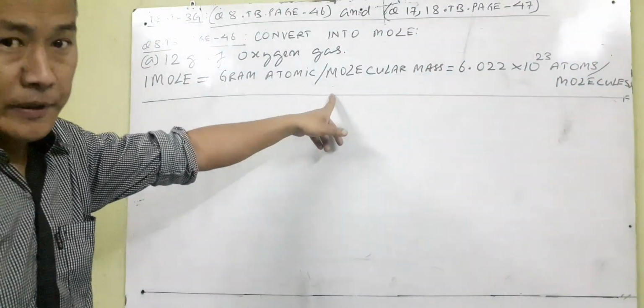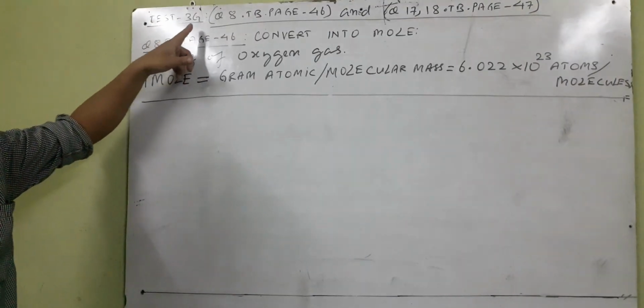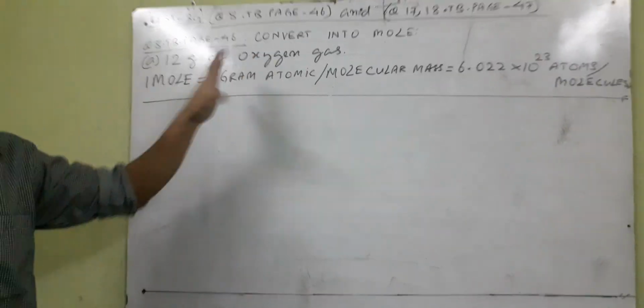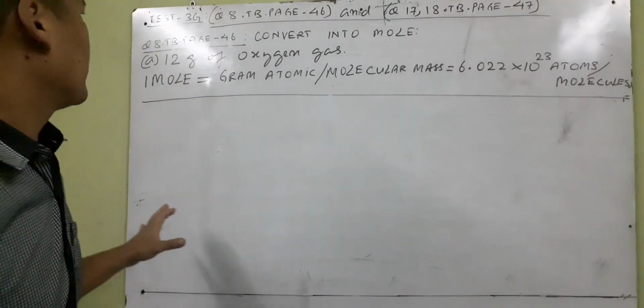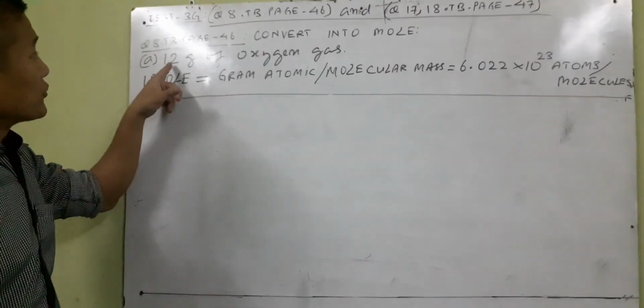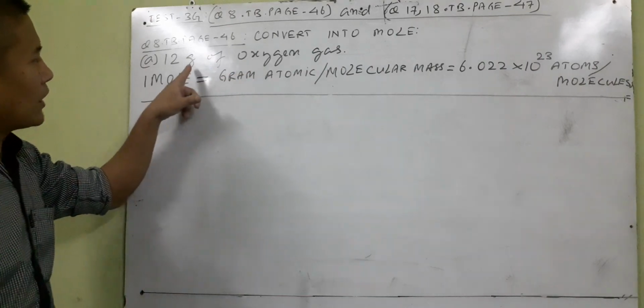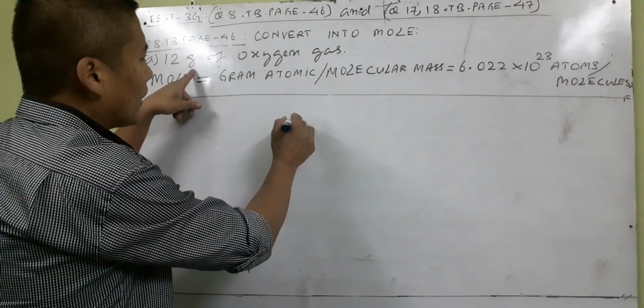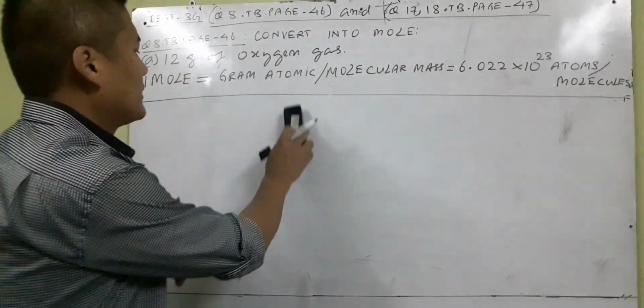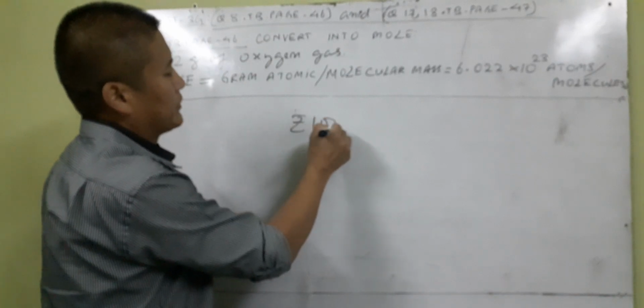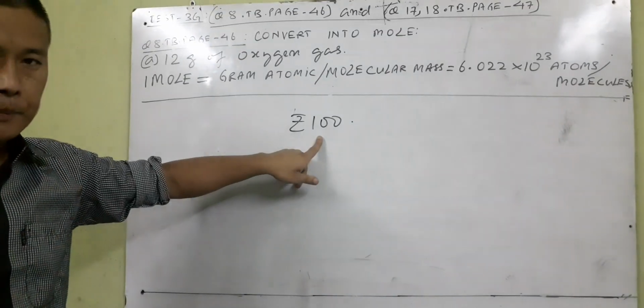And if we know the mango method that we started with in the first video, the 3D, we're going to follow that mango method and then this formula. So here the question said convert into mole, 12 gram of oxygen. Now, if I say rupees 100, what is this?